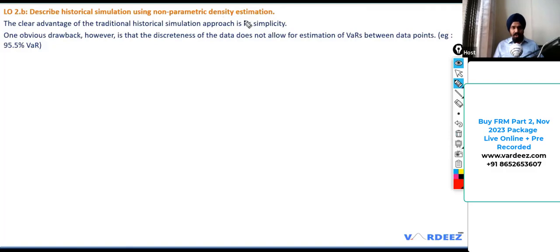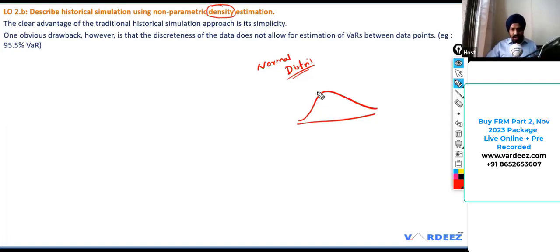If you look at a normal distribution, ideally, a normal distribution is also sometimes referred to as a density curve. When I talk about density in mathematics, density means having a dense area, or a curve shape, and that too in a continuous format.